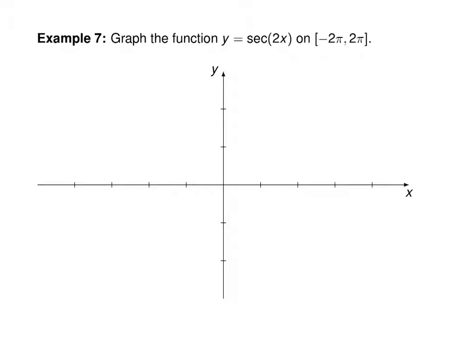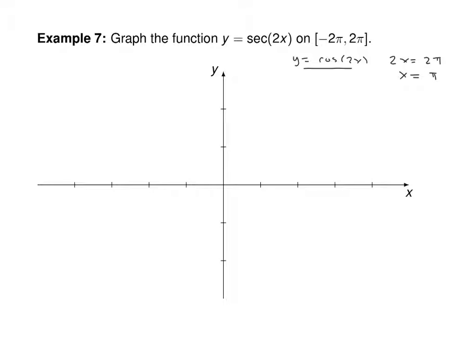All right, so for this, I am going to start by graphing cosine of 2x, because that gives me a really easy way to figure out where my asymptotes are supposed to be for my secant function. So for that cosine function, you set 2x equal to 2 pi. So x is equal to pi.